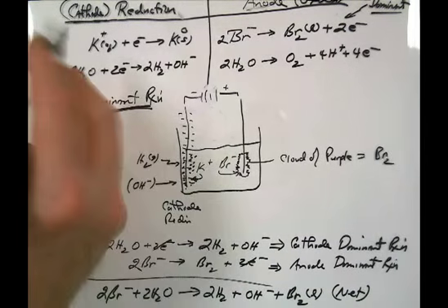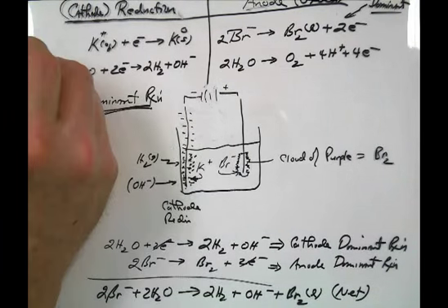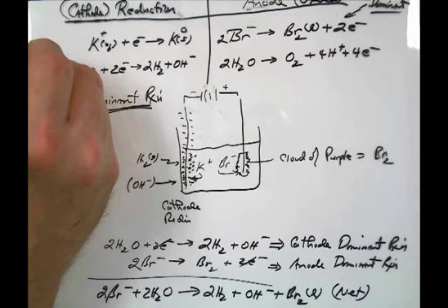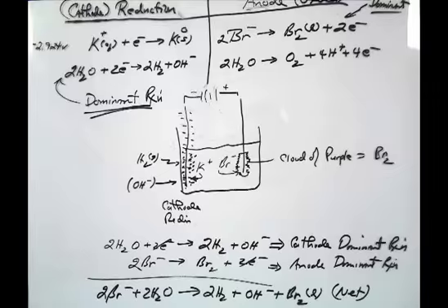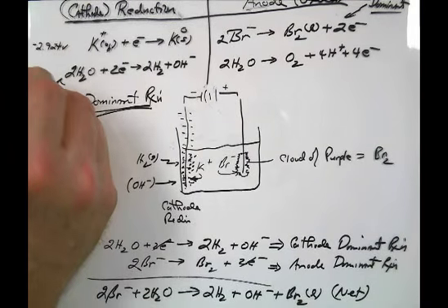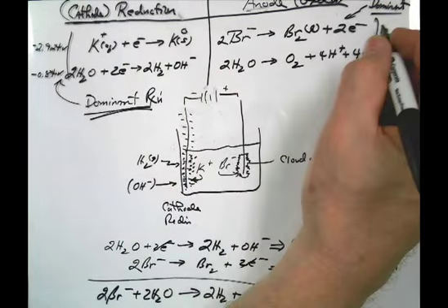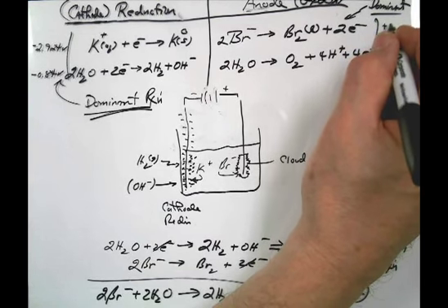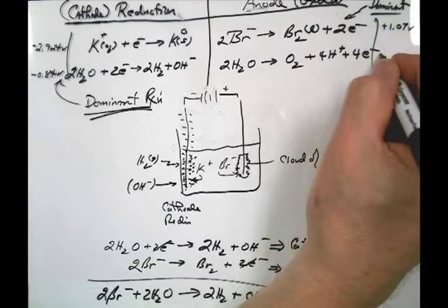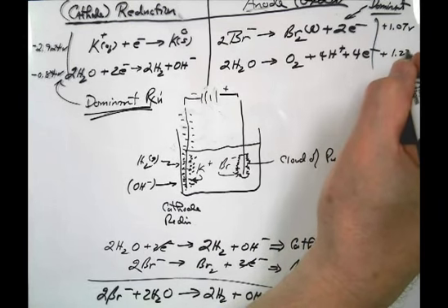So what I want you to do is over here on the outside of these, I want you to write a minus 2.924 volts, and water is a minus 0.84 volts right here, and over here bromine is a plus 1.07 volts, and the water is 1.23 volts.